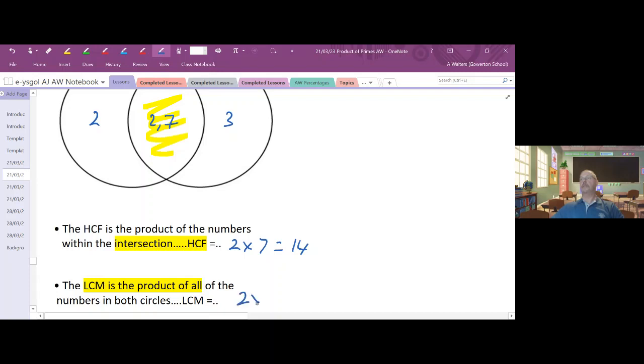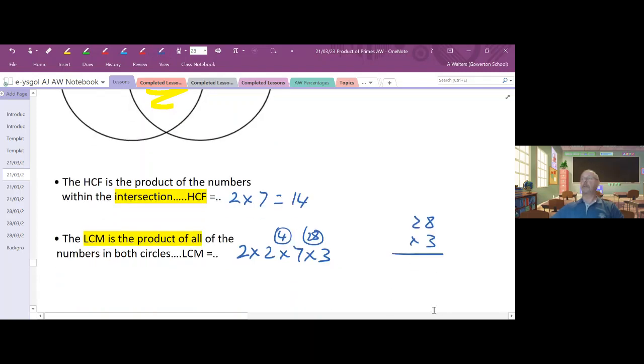It's 2 times 2 times 7 times 3. Now, 2 2s are 4. 4 7s are 28. 28 times 3, we may need to do that. 3 8s are 24. 3 2s are 6, and this 2 is 8. So it's 84, the lowest common multiple.